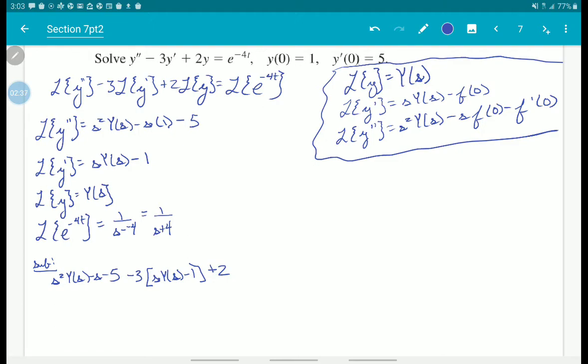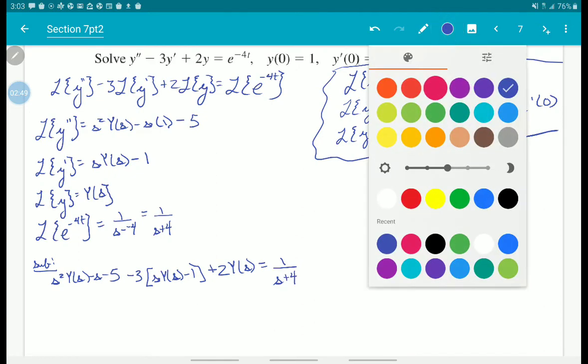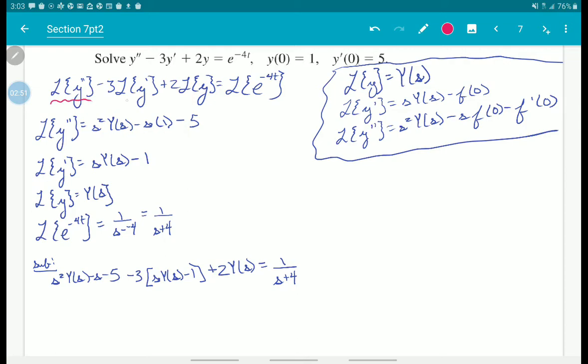The Laplace of y is Y of s, equals the Laplace of e to the negative 4t, which is 1 over s plus 4. So we're just substituting all of those pieces in for these 4 items.